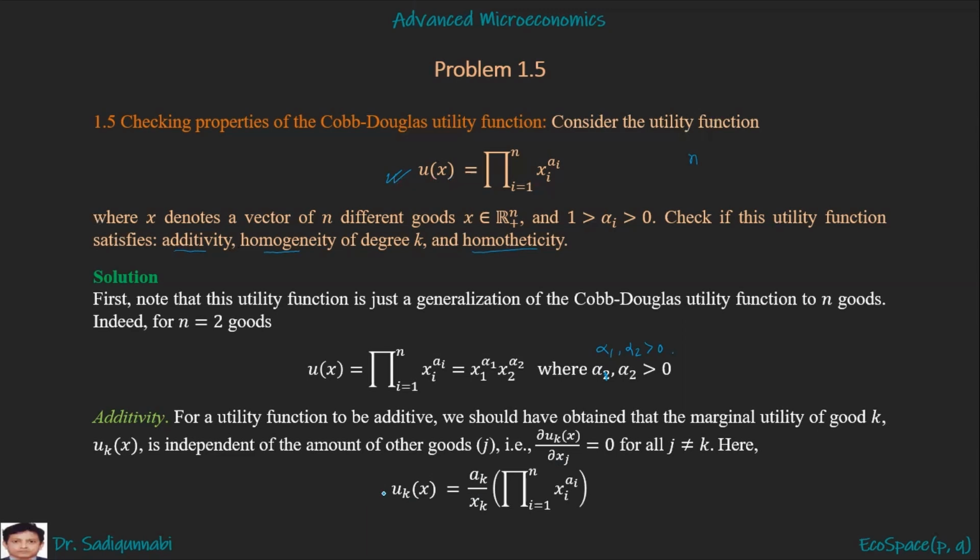So this is the marginal utility of good k, which is alpha k over xk times the original function.